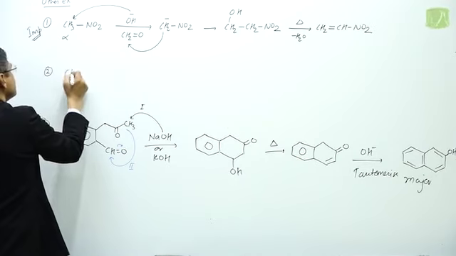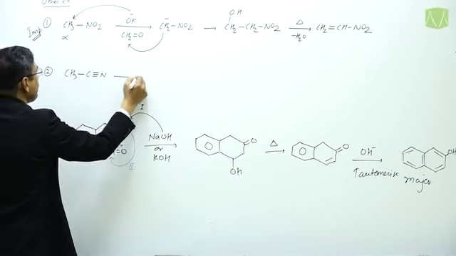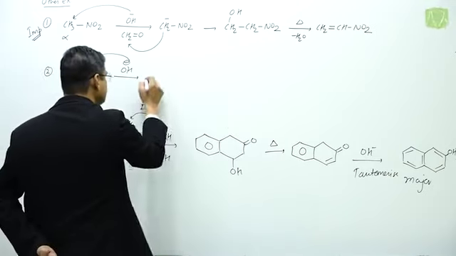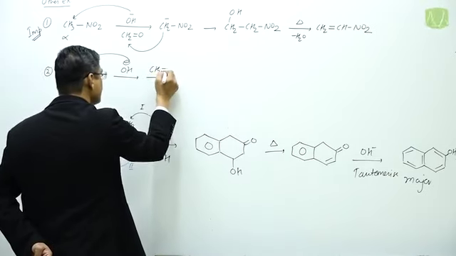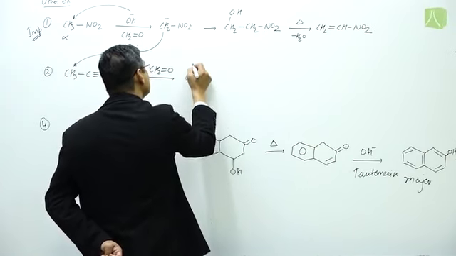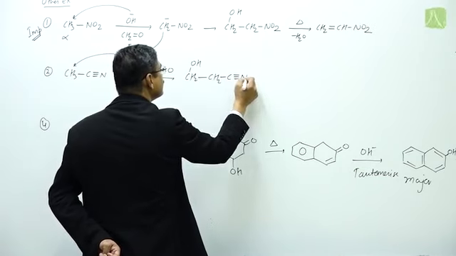Now a similar example: suppose I take CH3CN. This is again acidic. On reaction with again formaldehyde, we get CH2OH, CH2CN.